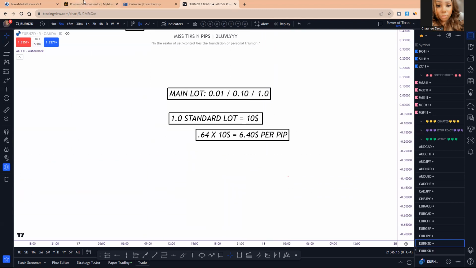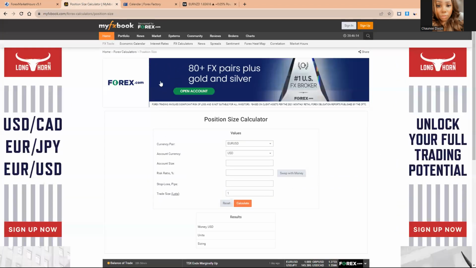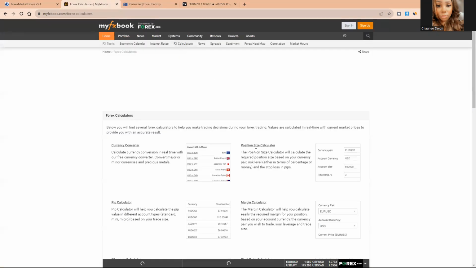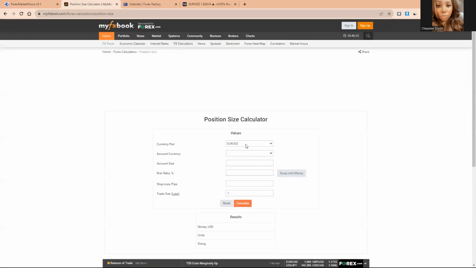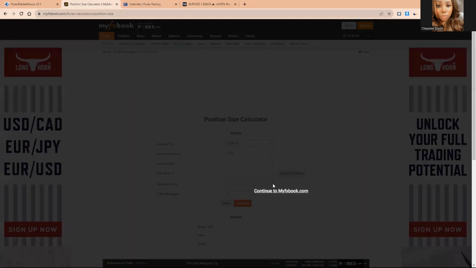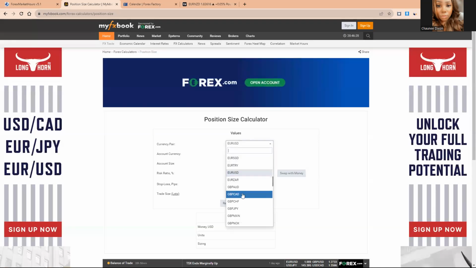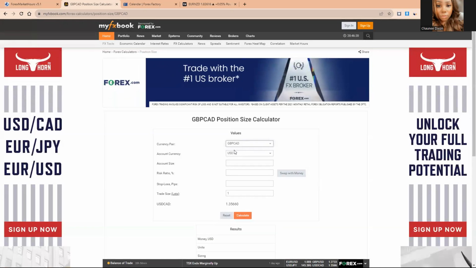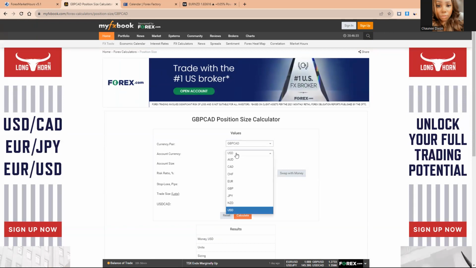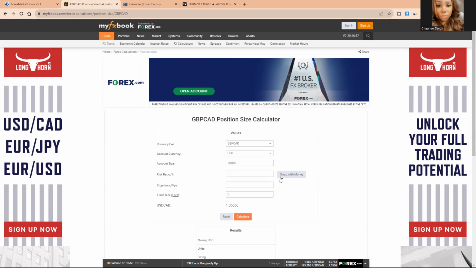So if you go to myfxbook.com, go to the FX calculators, and you choose the position size tool, this is where you would put in any other pair besides a major, and it will calculate it for you. So let's say, for instance, we're doing GBP CAD, and then you put your currency that you're trading in, your account size, how much you're risking, which for me, I always preach 1%.